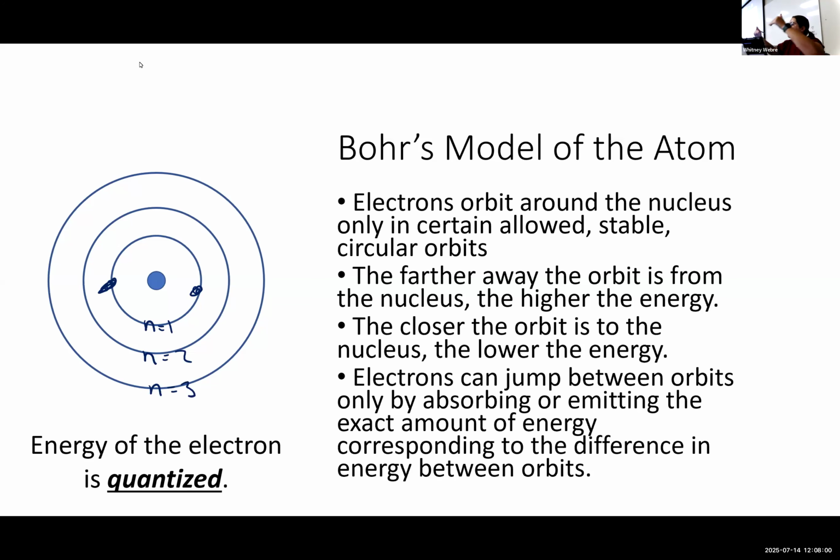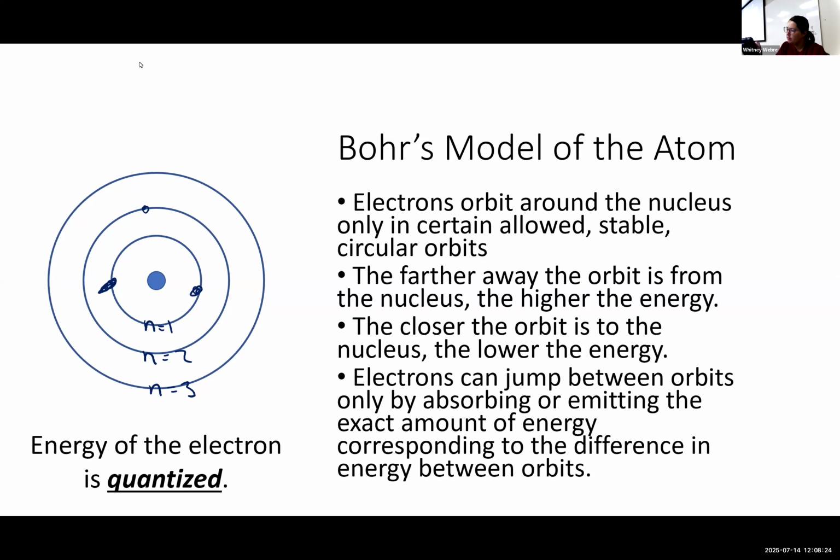As I get further away from the nucleus, the energy of that subshell is getting greater. Depending on where those electrons are, it can only exist in this subshell. You have to fill the subshell before you move to the higher energy. I think after the first 2, then it's 8.